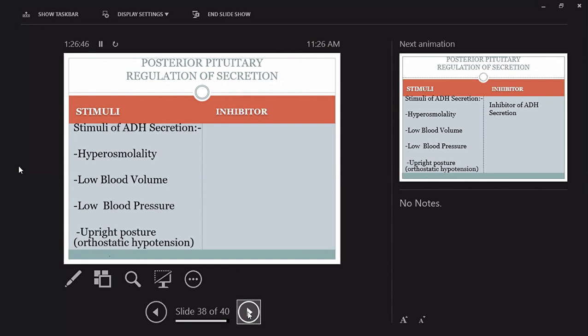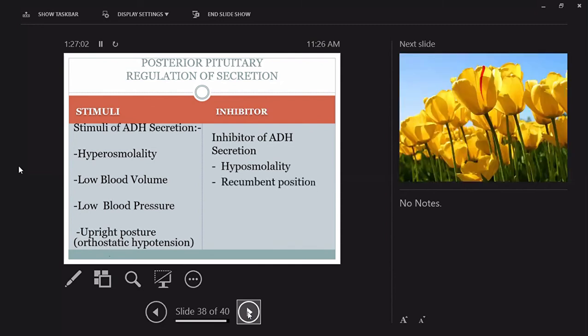How about the inhibitor? Inhibitor of ADH secretion is hypoosmolality, opposite to your hyperosmolality. Hypoosmolality, that means more water, and recumbent position.